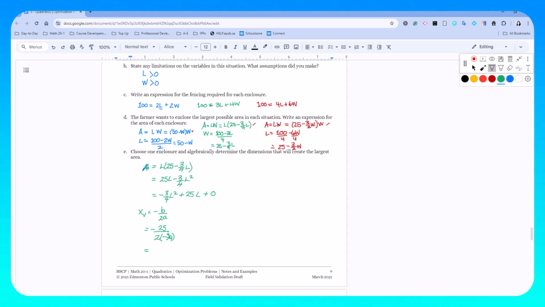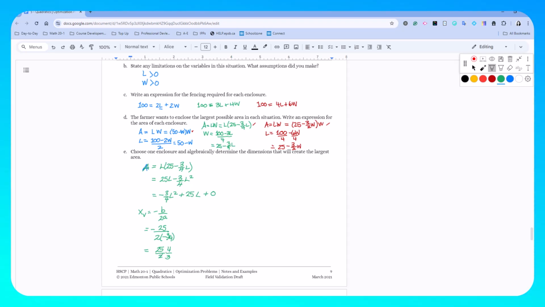Well, let's put that in our calculator. Nah, let's not. Let's go 25 over 2. Now, if we're dividing by a fraction, it's the same as multiplying by the reciprocal. And that means we got a negative and negative, and that's positive.